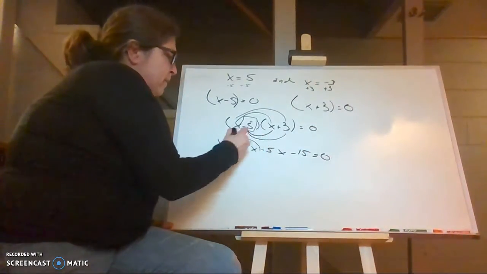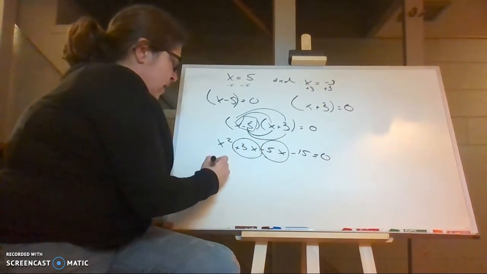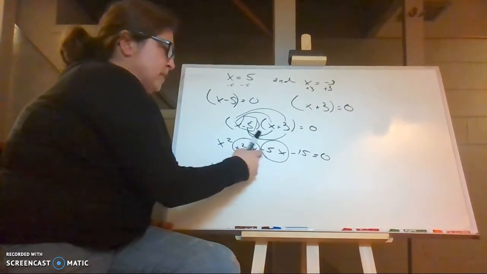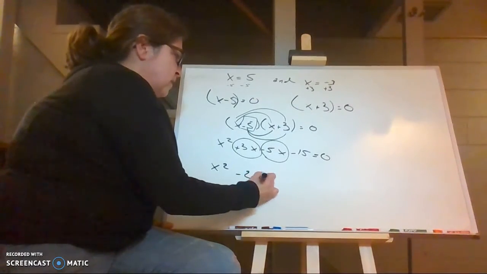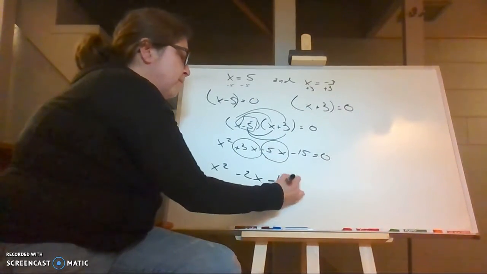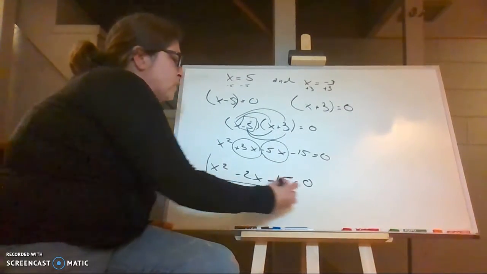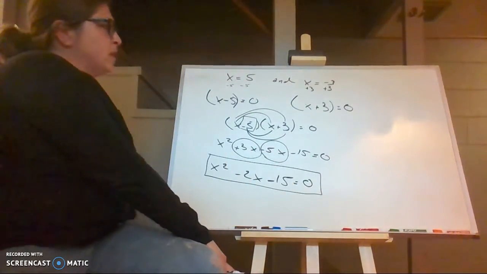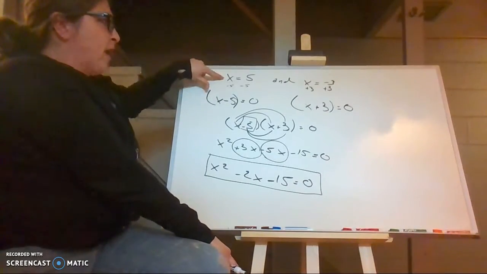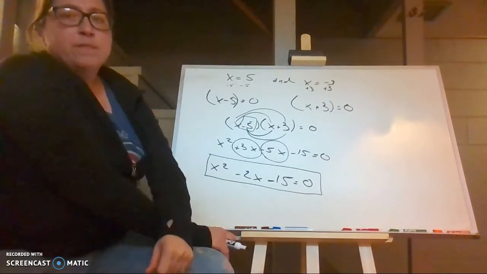Now I'm going to combine my like terms. So I have x squared, 3x minus 5x gives me -2x, still keep that -15, and that equals 0. And this is the quadratic equation that models the shot if I have roots at 5 and -3.